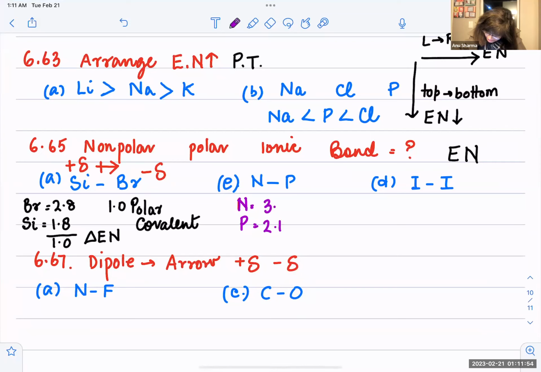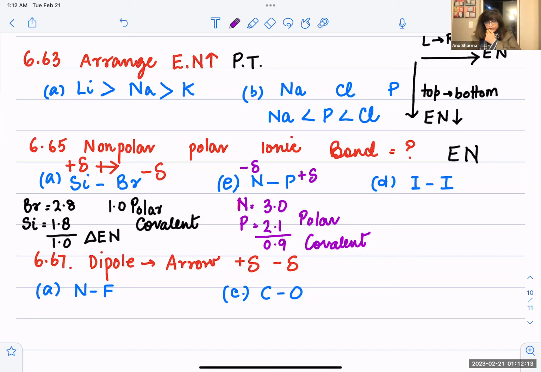So this is 0.9, and that falls in the polar covalent range. So polar covalent means that nitrogen has a delta negative and phosphorus has a delta positive, because of lesser electronegativity. So which side is the polarity towards? It's towards nitrogen. That's the net polarity, towards nitrogen.